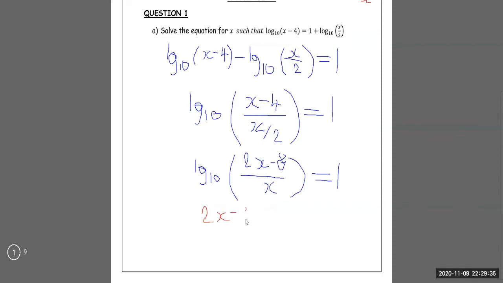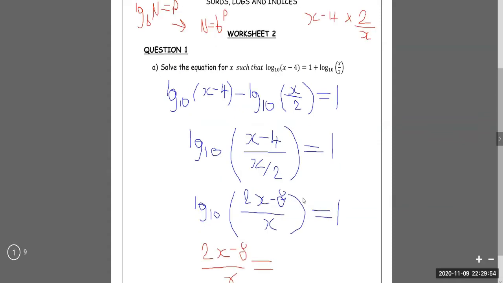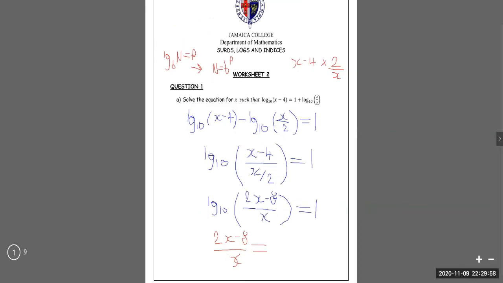So 2x minus 8 over x is now equal to, here's the rule again. What's it now equal to? 10 raised to the power of 1. Very good, 10 raised to the power of 1. That's why it's imperative we remember the definition of a log.